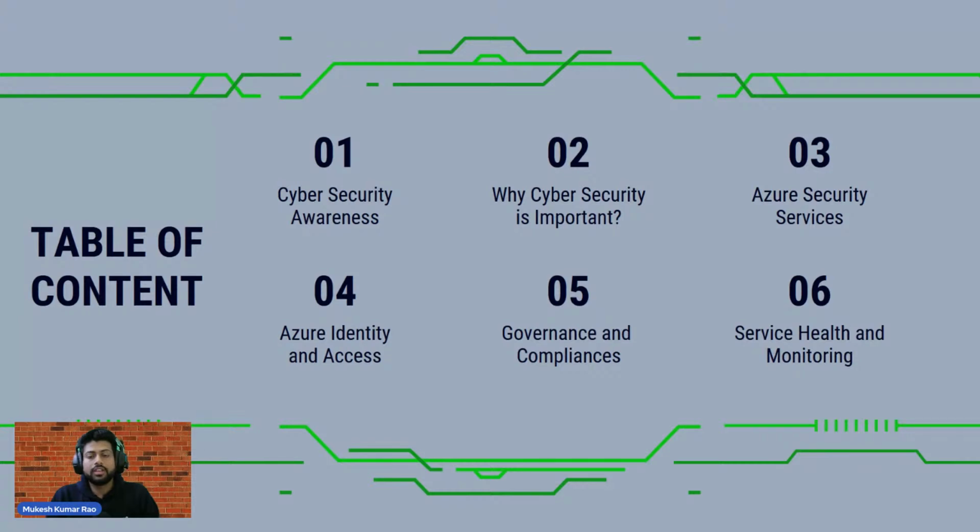Then we will see the governance and compliance of Azure services, how Azure works with governments to provide them a cloud solution, and what policies they follow in different countries, level to level. And in the last, we will see the service health and monitoring system on Azure, that is, the resources we ran yesterday, how we can manage them and check their performance through these particular services we have. Okay, so let's move.